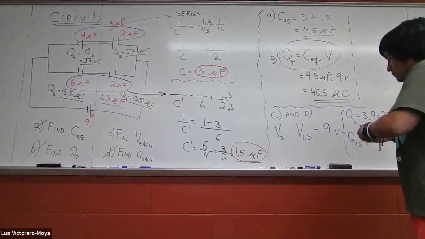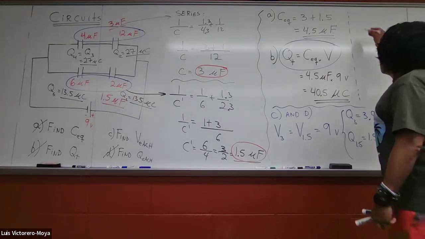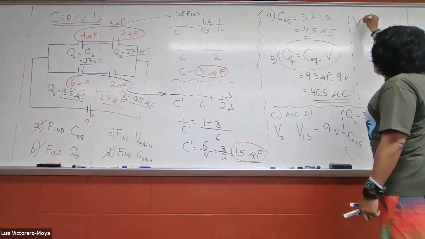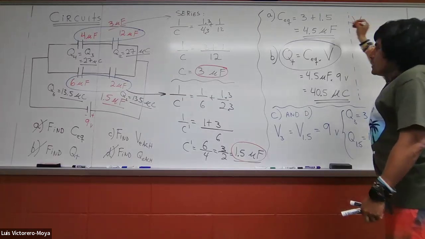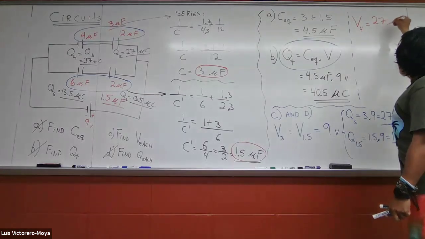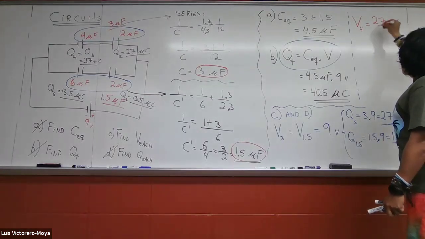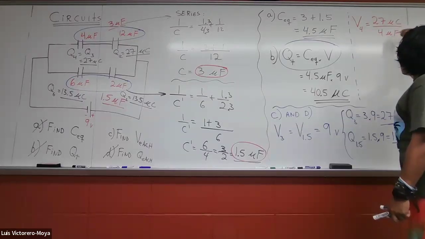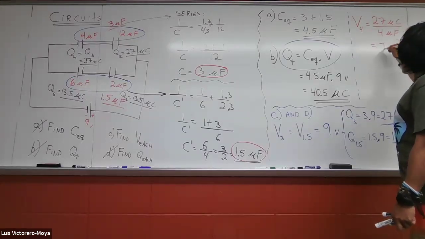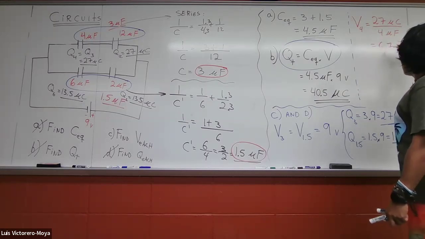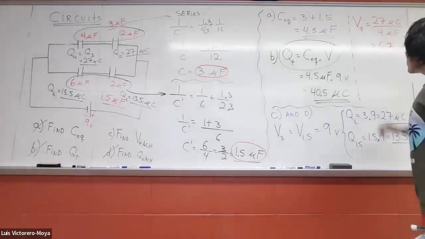The voltage on 4 is the charge on 4 divided by the capacitance 4, 6.7 volts.